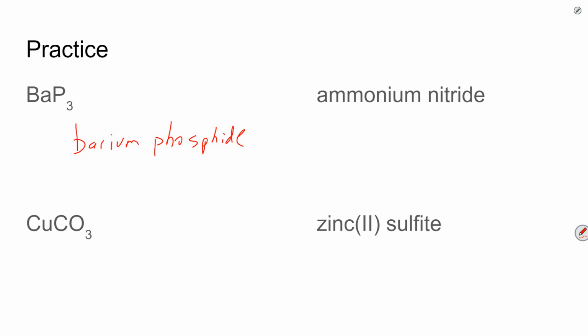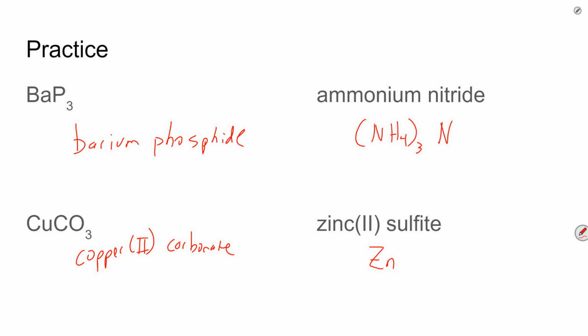The one underneath of that is copper(II) carbonate, and that is Roman numeral 2 inside of parentheses. Our next one here is (NH4)3N, and our last one is ZnSO3.